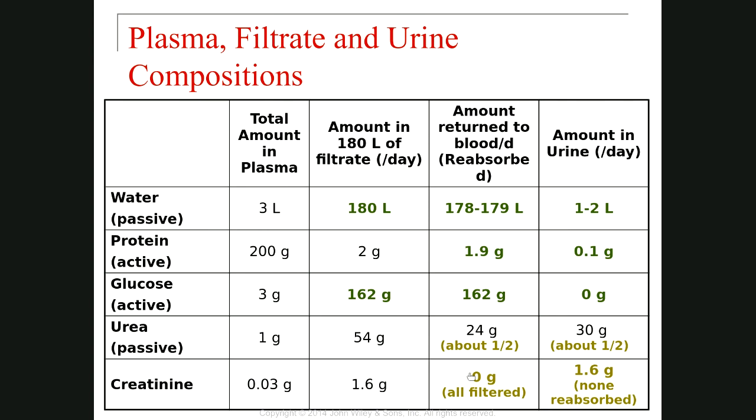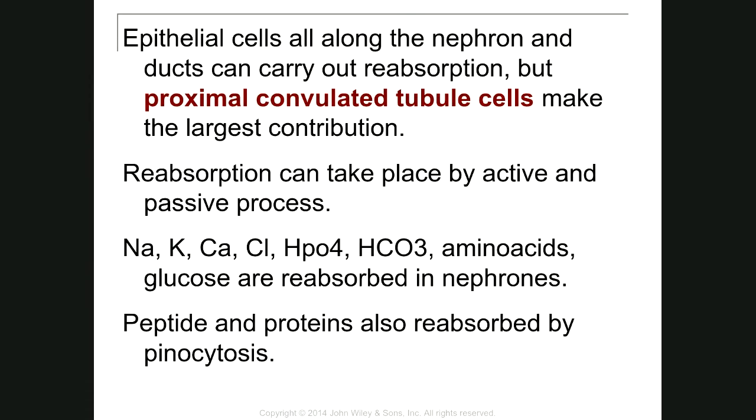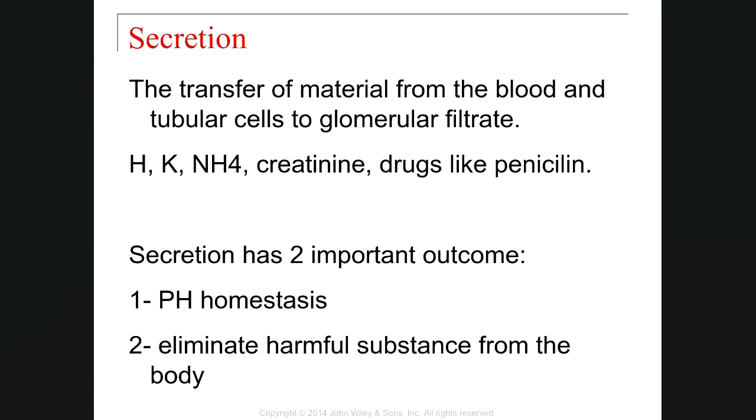So you see that different materials have different destinies in our kidney. Some of them become fully reabsorbed, some of them don't have reabsorption, and some of them have both reabsorption and secretion.